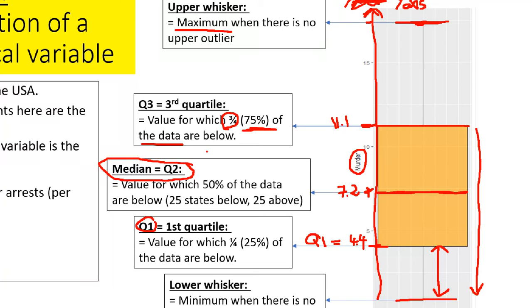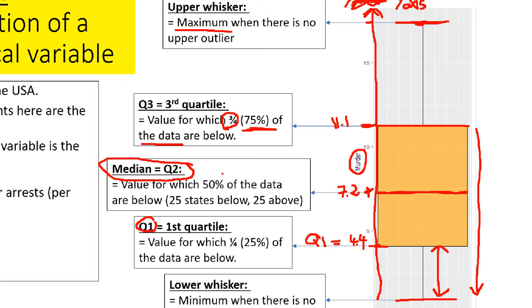It just ranks the data. It takes the 25% lowest that are below Q1, 50% lowest that are below the median, 50% highest that are above the median, and the highest quarter is above Q3, and so on, okay?